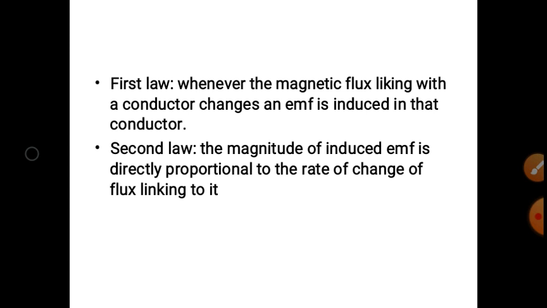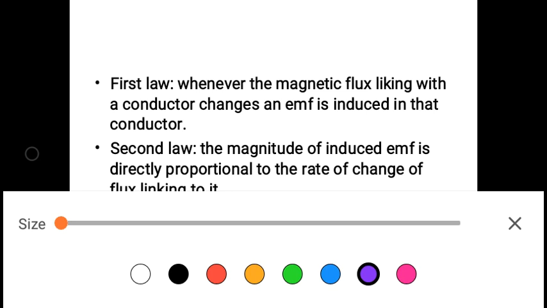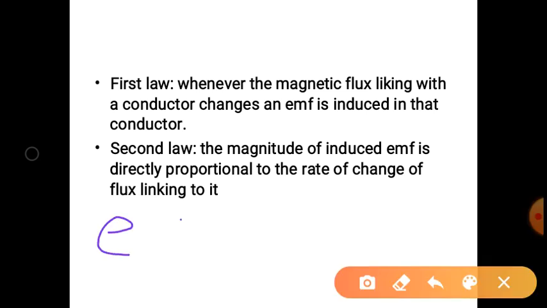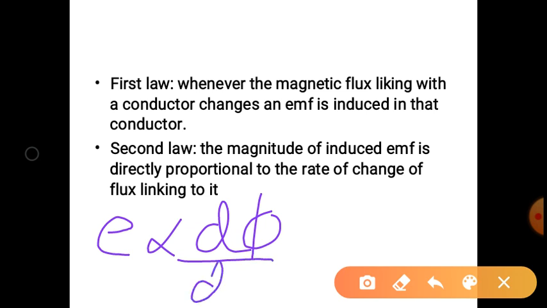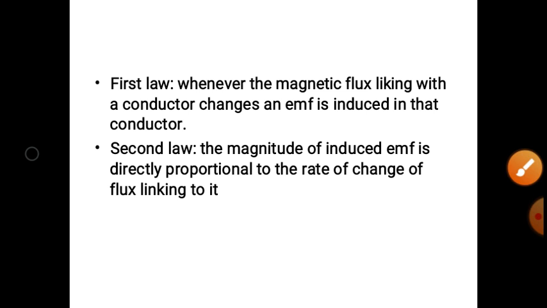From the second law, the magnitude of induced EMF is directly proportional to the rate of change of flux linking to the coil. So how much flux is linking to that coil, that much EMF will be induced in that coil. This is given by the second law.